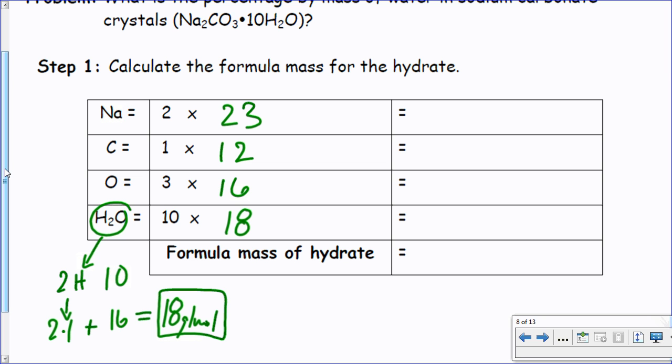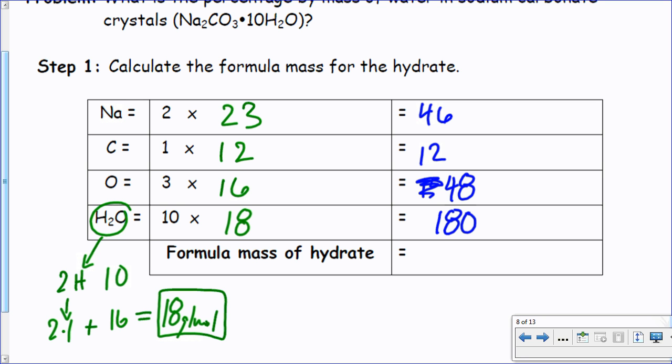So when we do a multiplication across, we get a 46, a 12. 16 times 3 is 48. And 18 times 10 is 180. When we add all these together, 46 and 12 is 58, plus 48 is 106, plus 180.